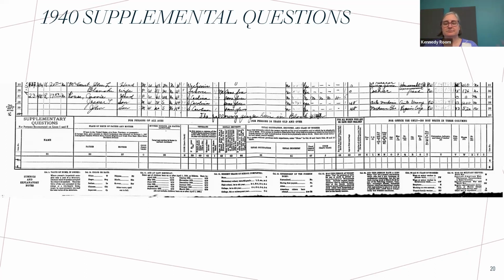Then you get the usual occupation, usual industry, usual class of worker. And then all women who are or have been married. Has this woman been married more than once? Age at first marriage, and the number of children ever born, not including stillbirths.